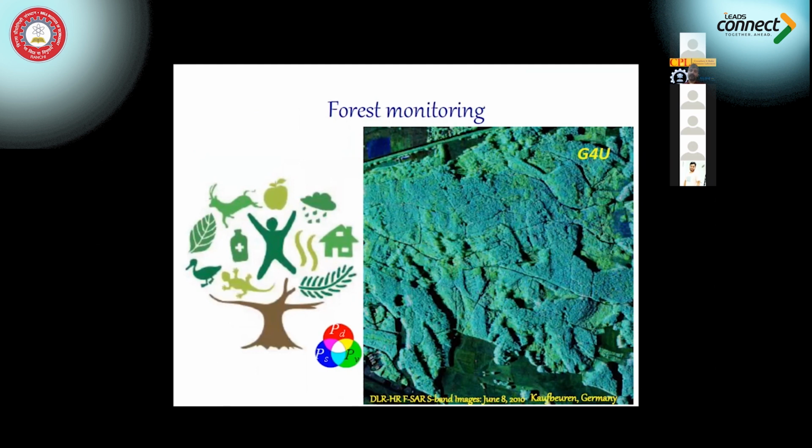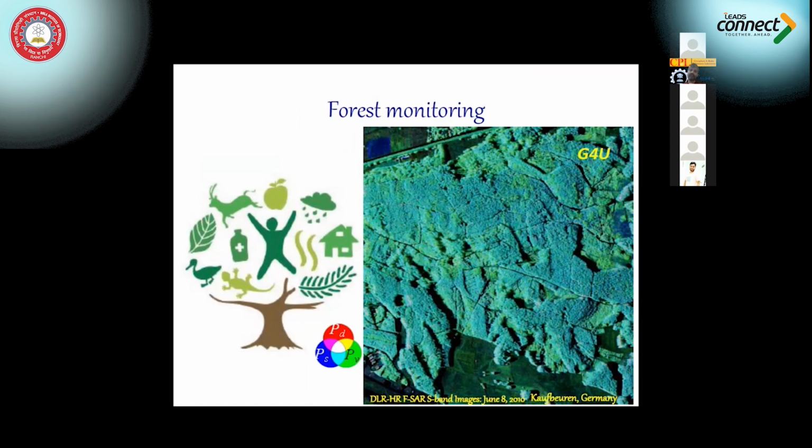Another one is forest monitoring, which is also important for the earth health. First of all, you can separate forest and non-forest area by any kind of technique, optical or SAR data. But if you need regular monitoring, most of the forests are in the tropical belt, where 80% of days of the year are generally cloud covered.